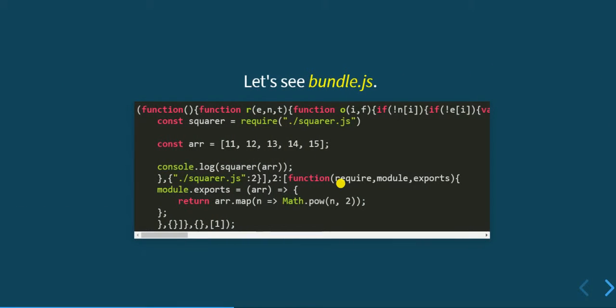So this is how the bundle.js file looks like. Here we have all the npm modules, the square.js file and the square function. Here we can see all of these are ES6 syntax.